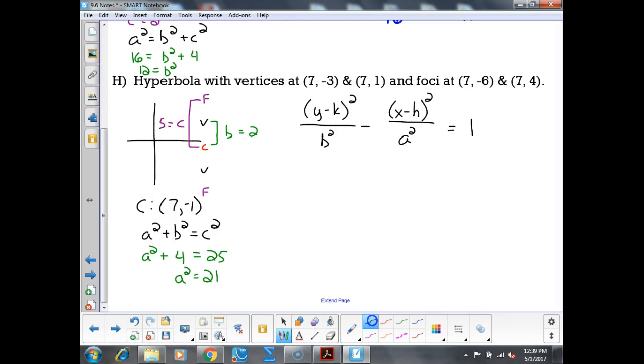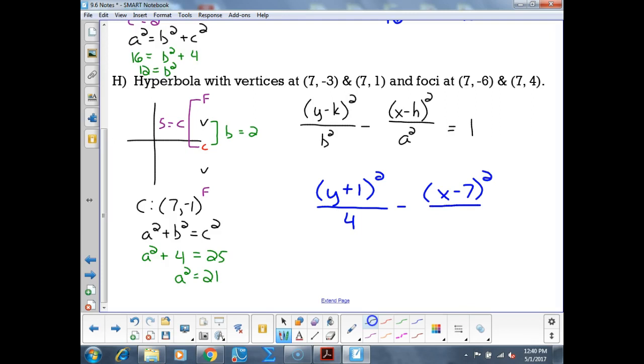So then this is going to be y plus 1 quantity squared over 4 minus x minus 7 quantity squared over 21 equaling 1. Yes?